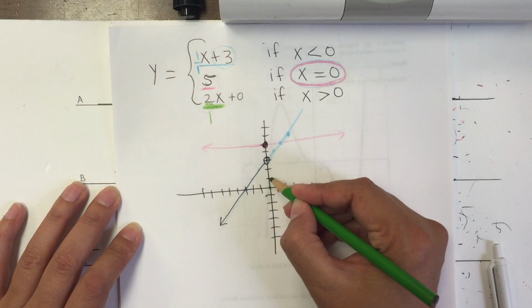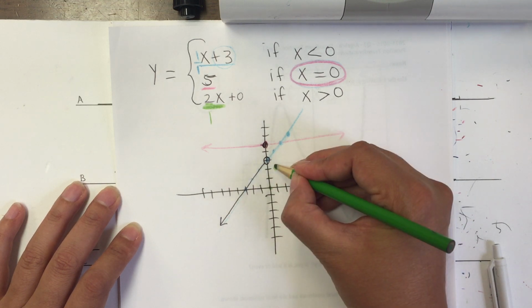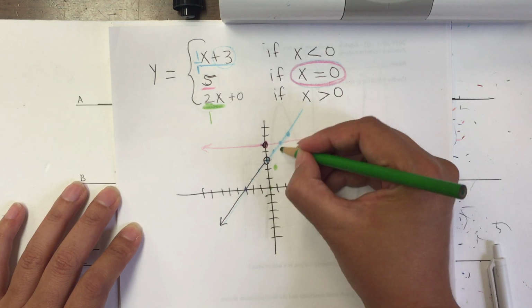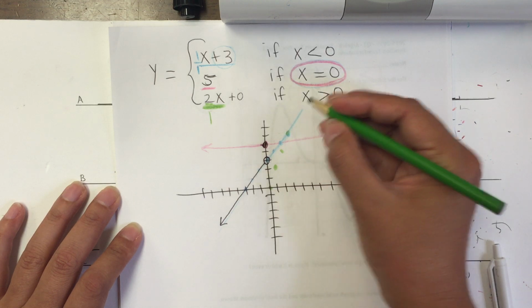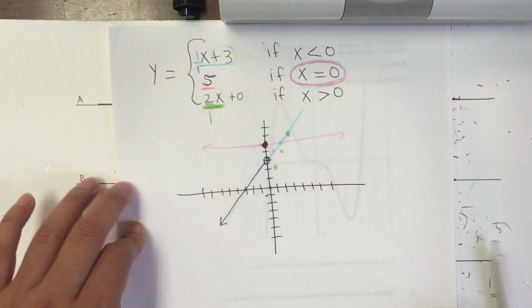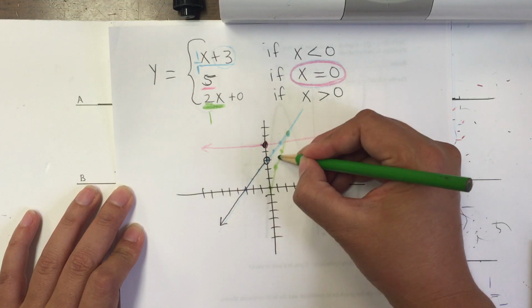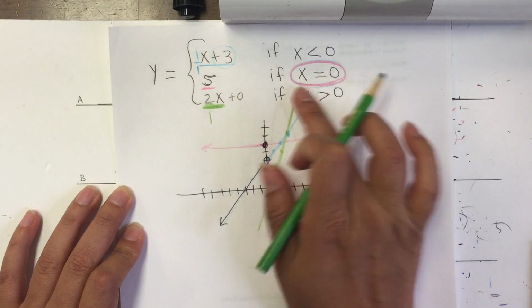So I'm going to go up 1, 2, and run 1. Then 1, 2, and my run is 1. Again, rise is 1, 2, and my run is 1, etc. So that's where my line would go if it was asking just to graph with no limits.